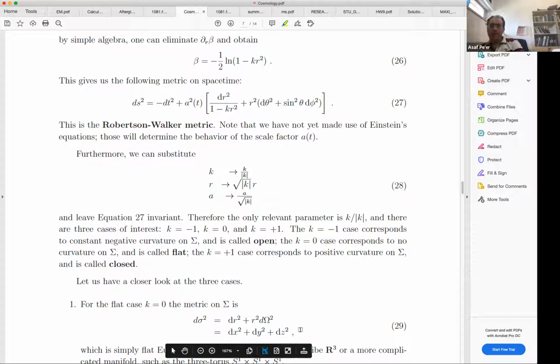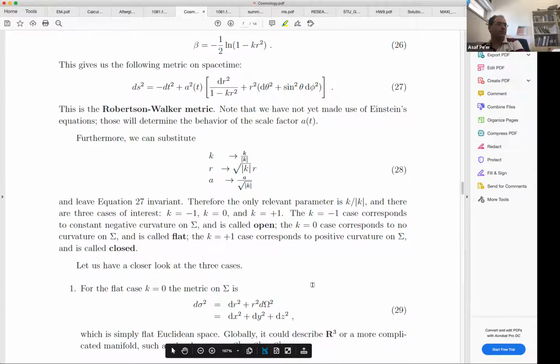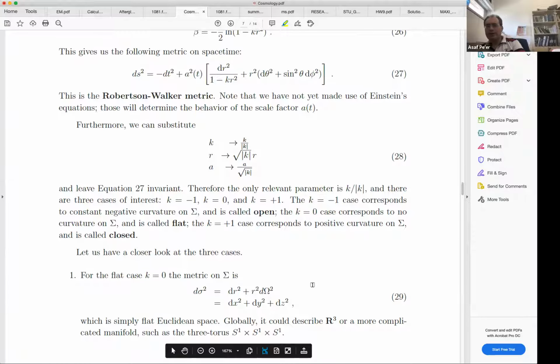So it's a Euclidean space written in spherical coordinates. So it's a simple flat Euclidean space which behaves like R cubed. Now it can be something a little bit more complicated, but forget about that, we don't care. Not here, at least.